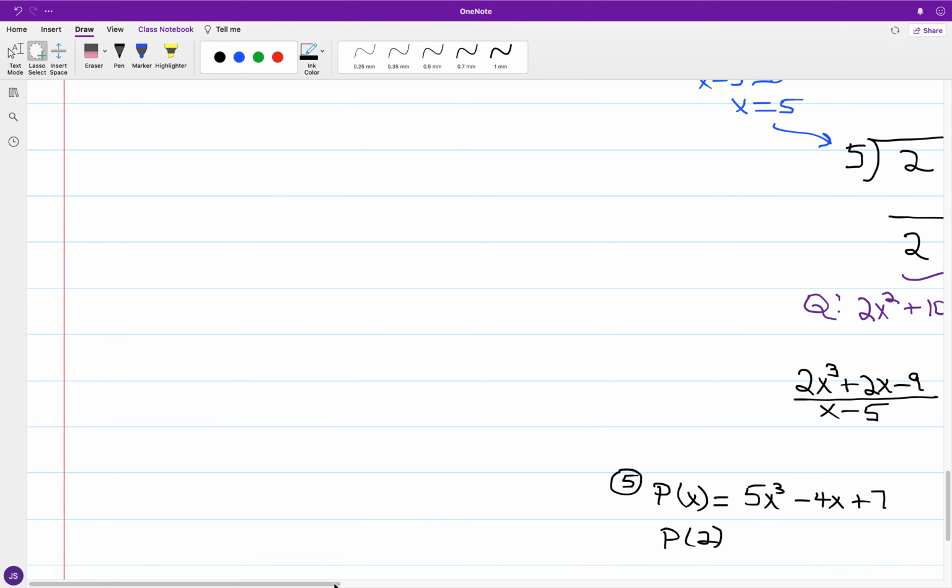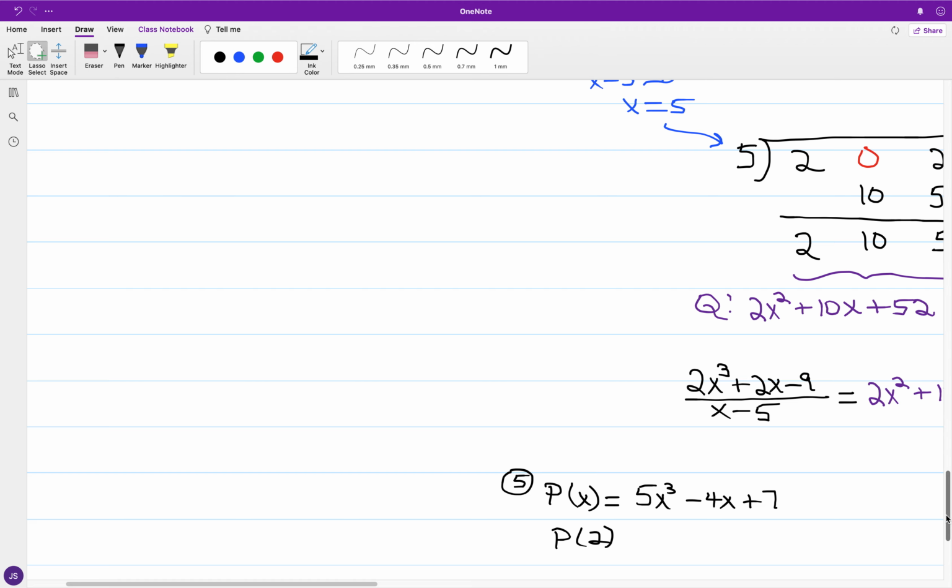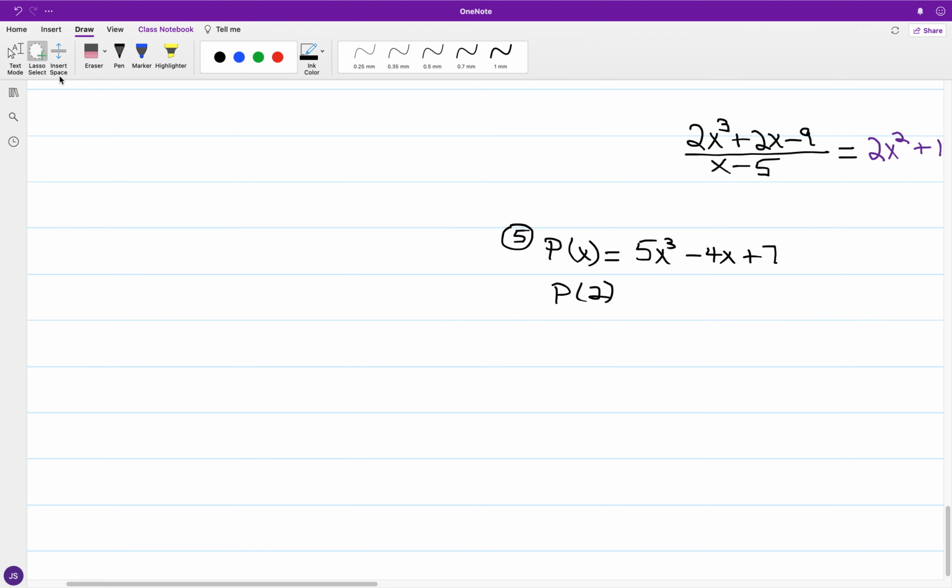Now that 2, to which we have p of 2, is signaling that the divisor is going to be x minus 2.